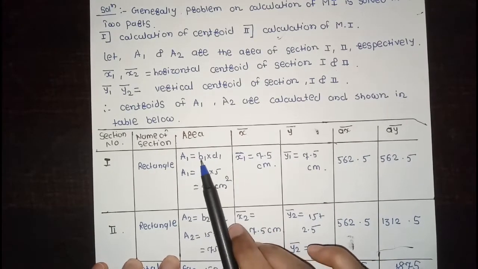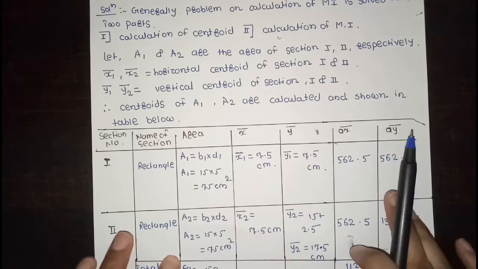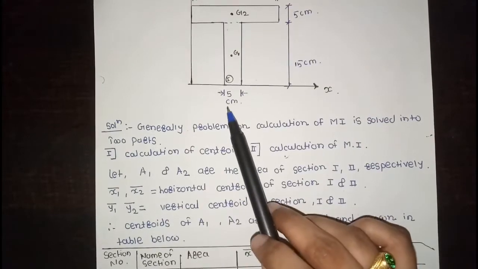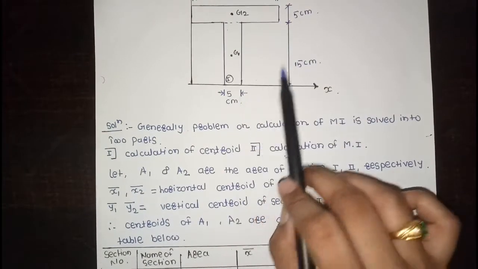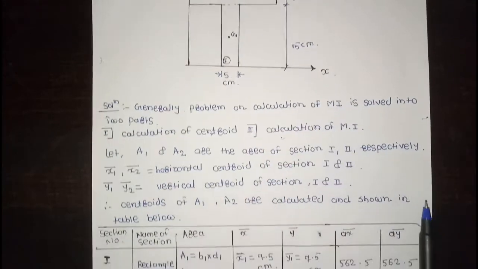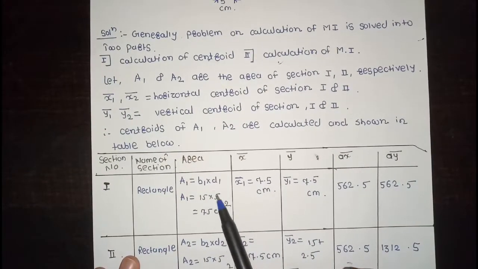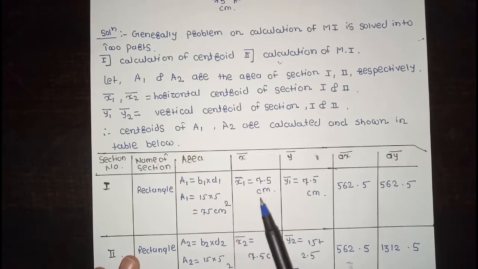What is the value of B1 and D1 of the first section? B is 5 and D is 15. So 5 into 15 is 75 centimeter square.